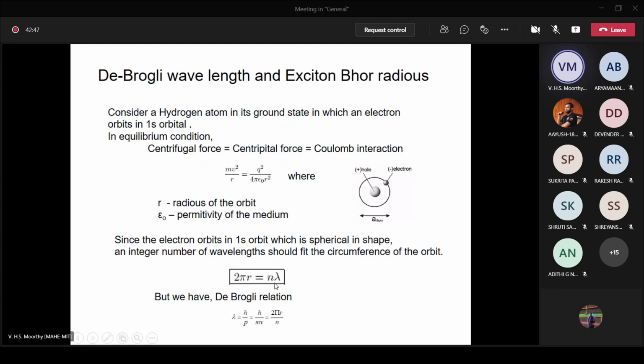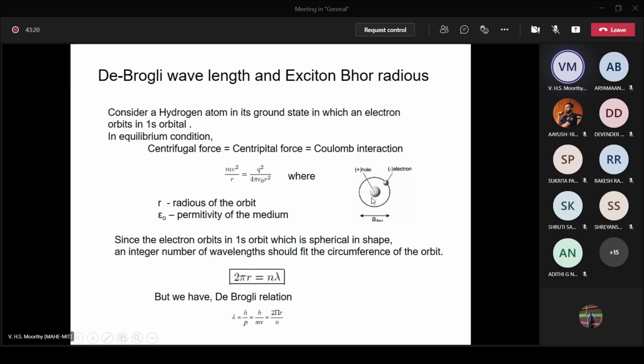Now we have to talk about de Broglie wavelength and exciton Bohr radius. What is meant by that? Basically, we have to take a hydrogen atom. Why do we take a hydrogen atom? Hydrogen has one electron in the outermost energy 1s orbital, and one positive charge at the nucleus.